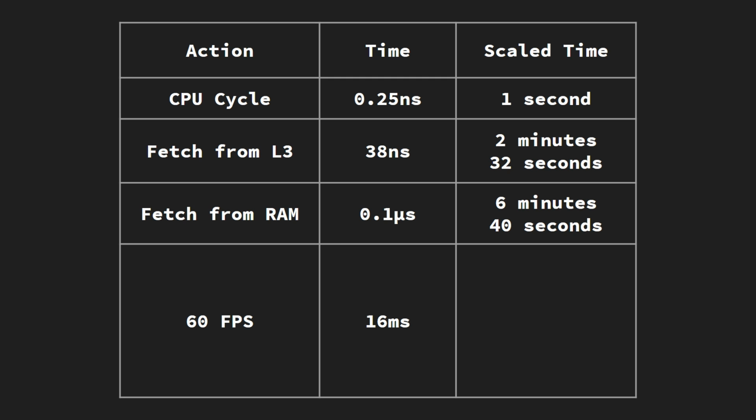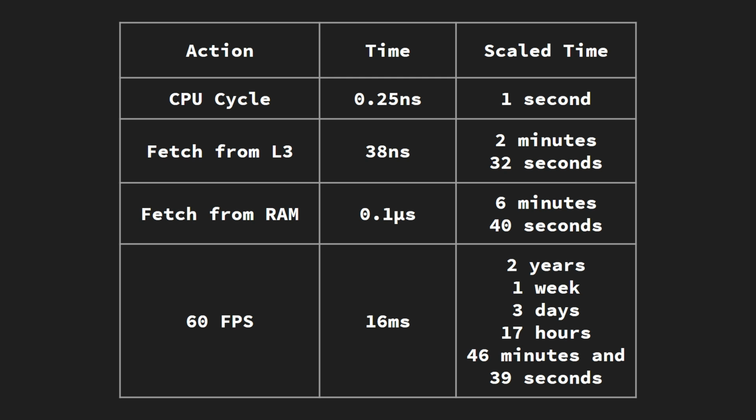I feel like we're going to be here for quite a while to get 60 FPS. Yes, because 60 FPS is 2 years, a week, 3 days, 17 hours, 46 minutes, and 39 seconds. That's some slow frames. Imagine you get a frame every 2 years. But that gives you at least some frame of reference of how short the time span is for CPU cycles.